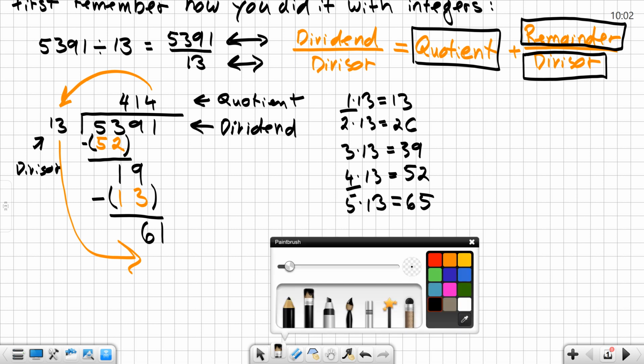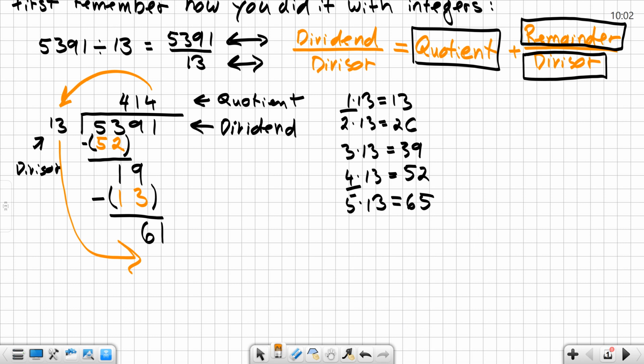4 times 13 was 52, and now I am going to subtract this. Let's get rid of those arrows that I have placed there temporarily. So I subtract 52: 61 minus 52 is 9.